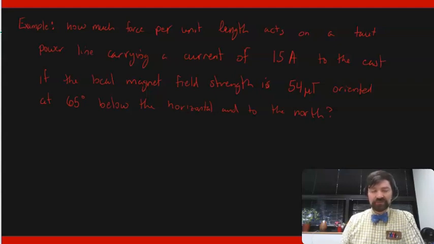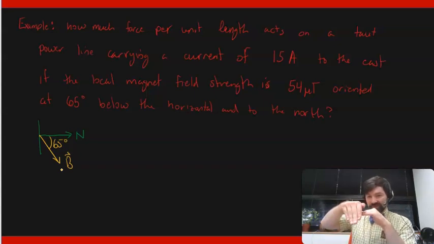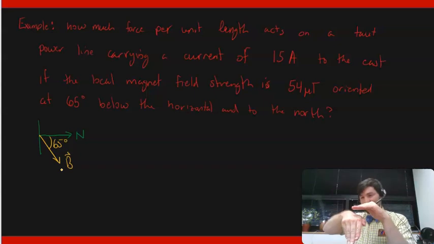So to give you some idea of this magnetic field line, if this is due north, then the magnetic field line is actually pointing in this direction right here. So here's B. This angle right here is 65 degrees. That said, if I have a current that's running to the east, then this is actually in this direction.